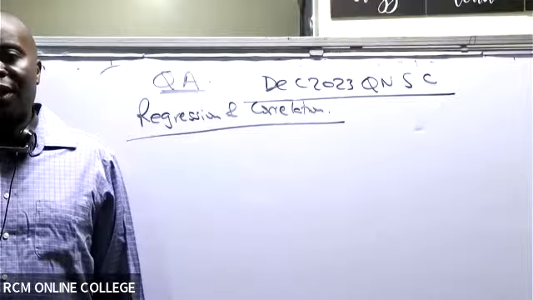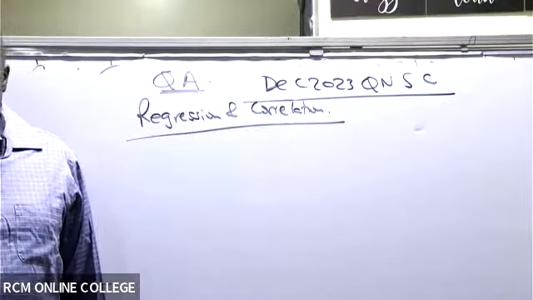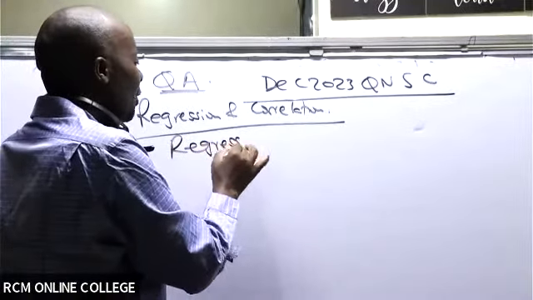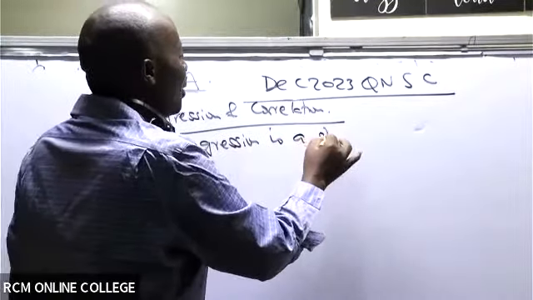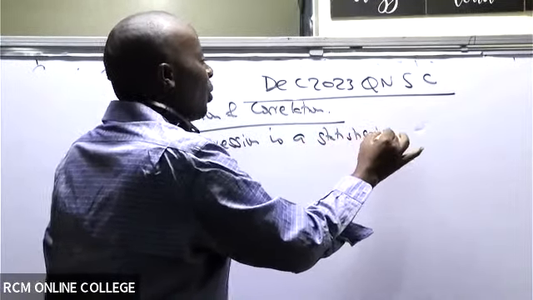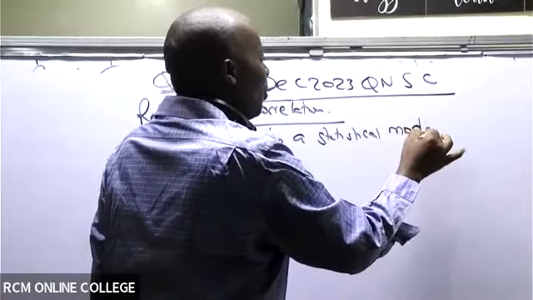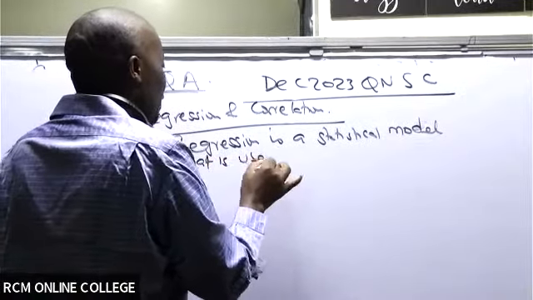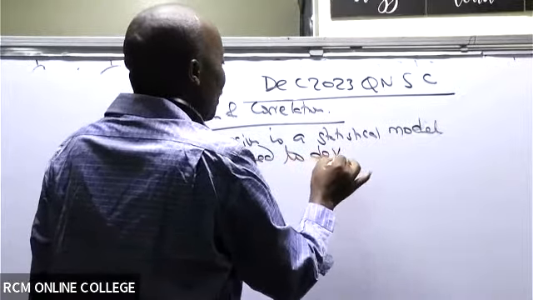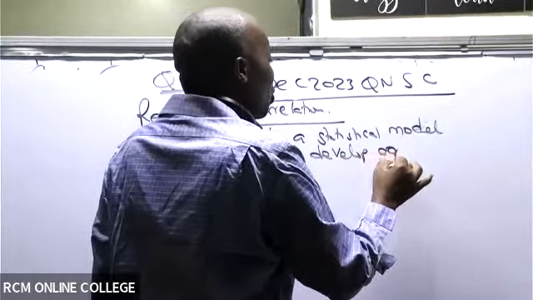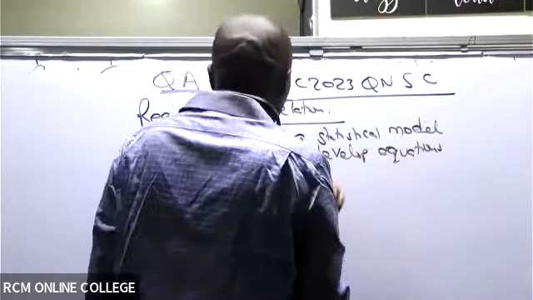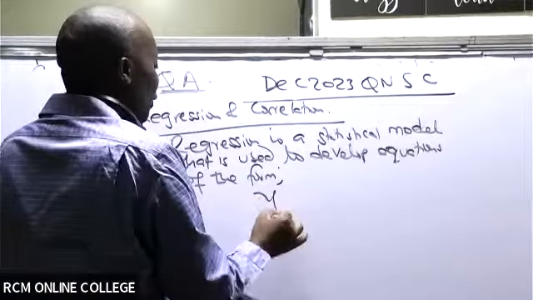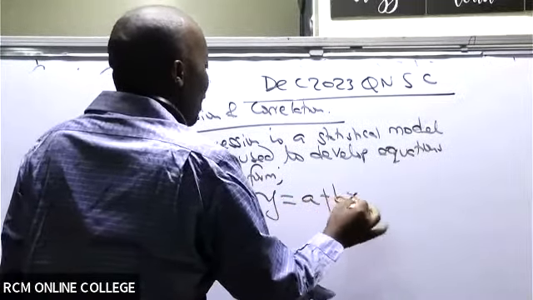All right. So if you allow me, I'll introduce regression first, where we mention that regression is a statistical model that is used to develop equations of the form y equals a plus bx.